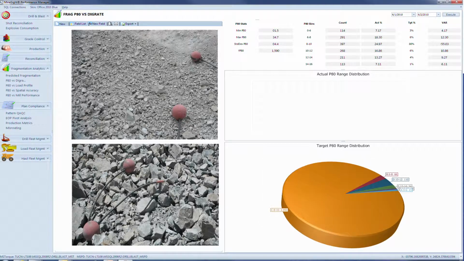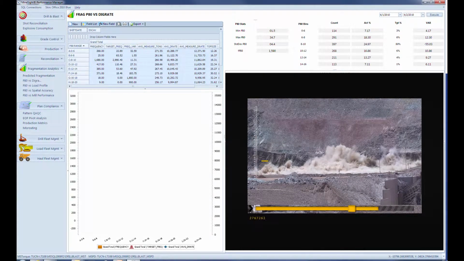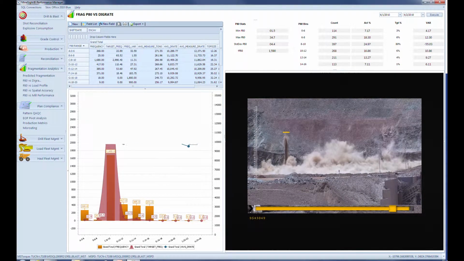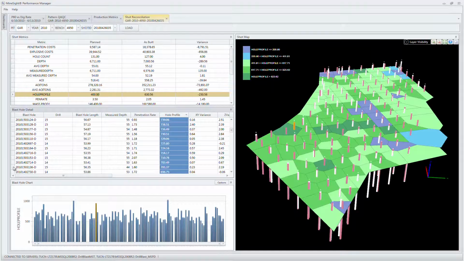My rock size is not conducive to my load rate. Why? Is it because I'm not loading the right explosives? So it really gives us the insight into why things happened as opposed to just what.